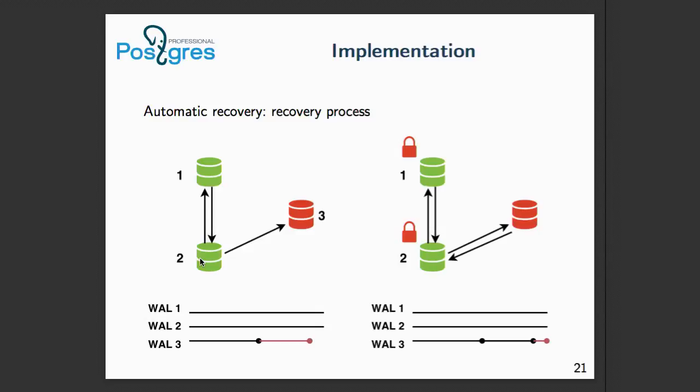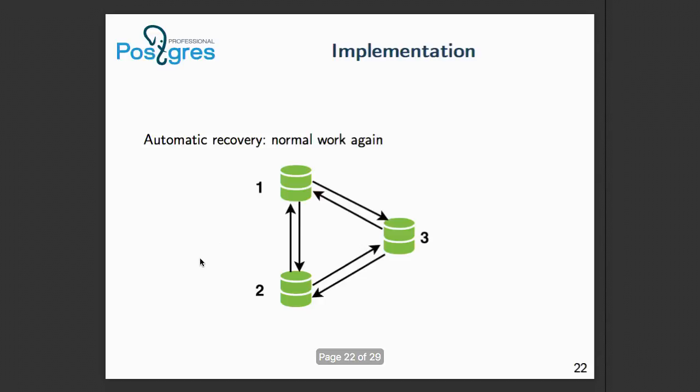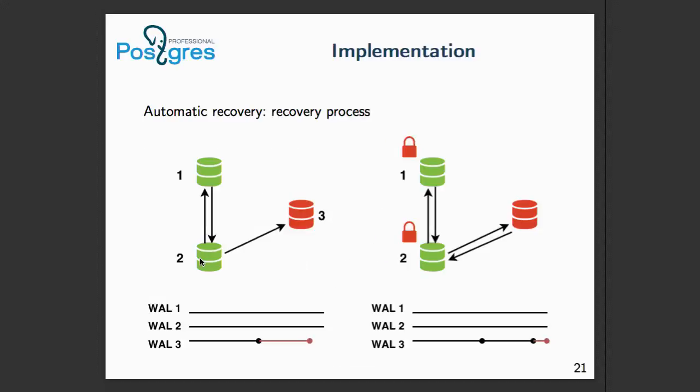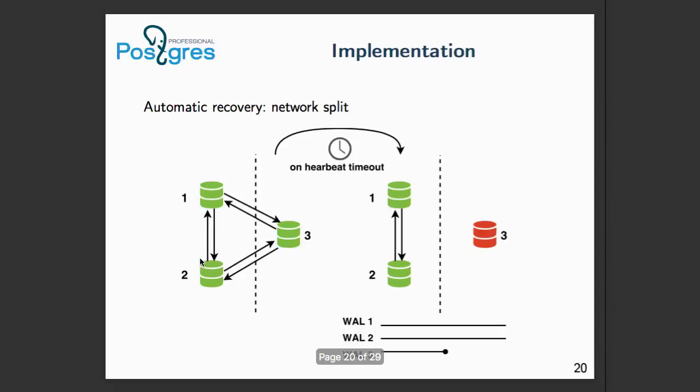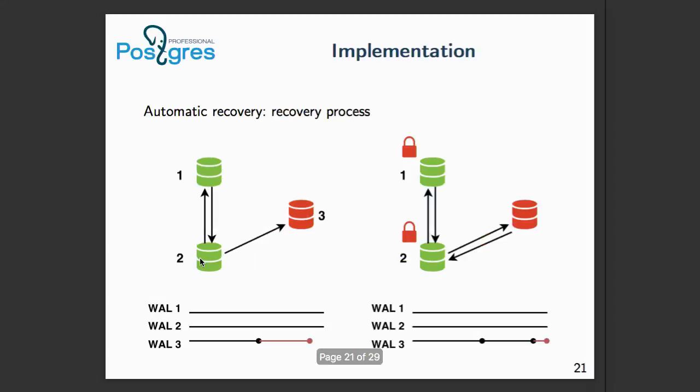And after that, it just switches to normal work, and all of this happens transparently to the user. The only thing you should be aware of is that if that situation happens for a long period of time, the WAL senders will be really big here and here, so you need to do something about that.